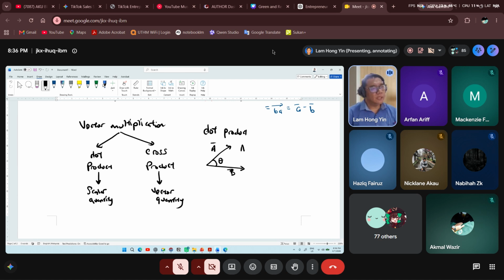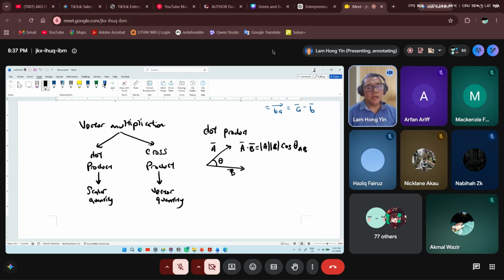When I perform vector A dot product with vector B, what we have is the multiplication of the magnitudes of both, times cos theta AB.